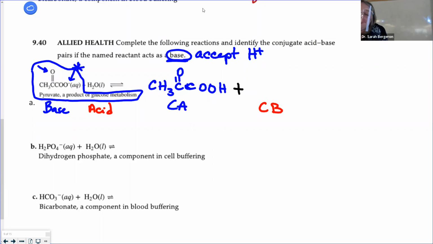How do I draw that conjugate base? I would draw it as OH minus, right? Why is that? Because water has donated a hydrogen ion.